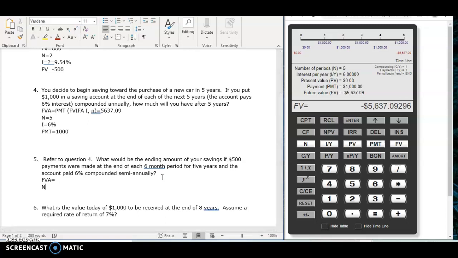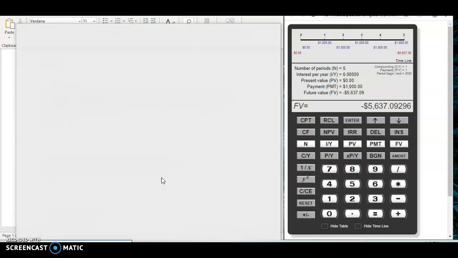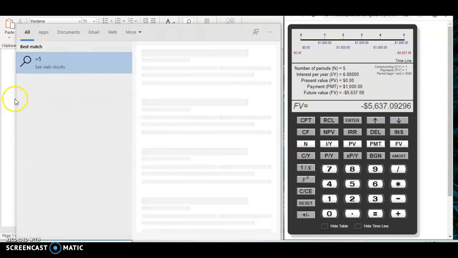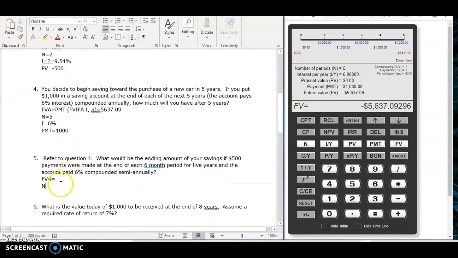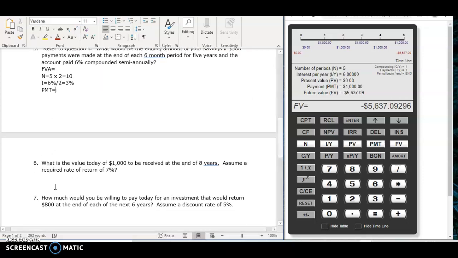This time it's semi-annual though, so we have 5 years times semi-annual, so that's 10 periods. Our interest rate is 6% divided by 2 because it's semi-annual, so you're getting half every 6 months. So it's 3%. And our payment is now $500.